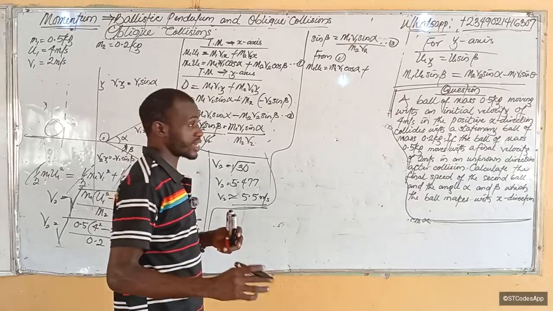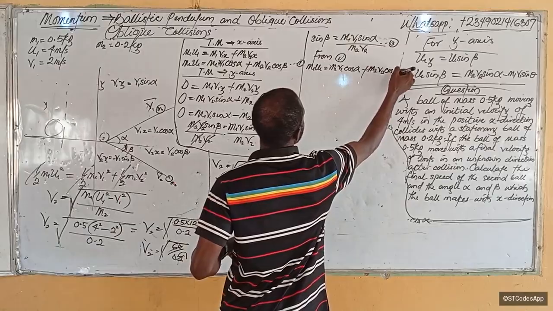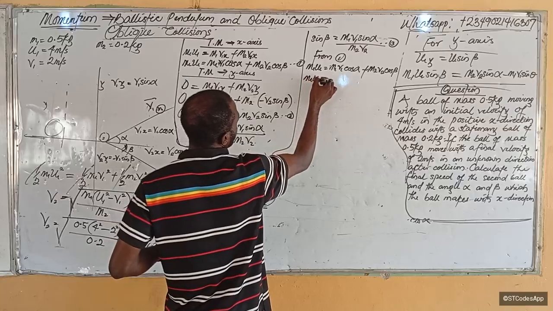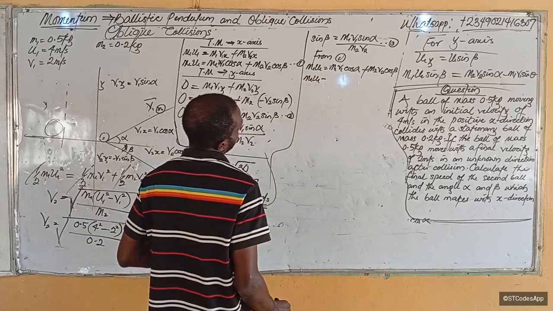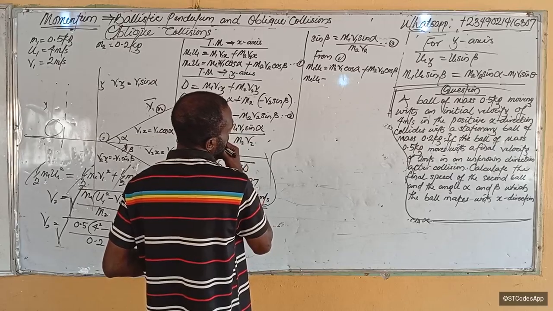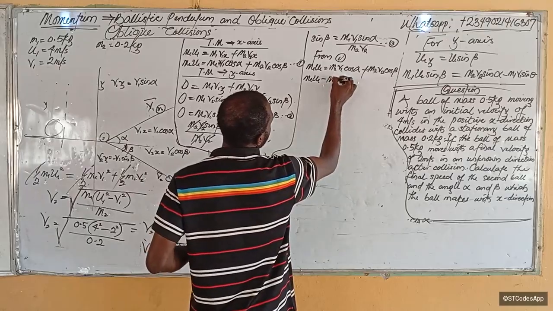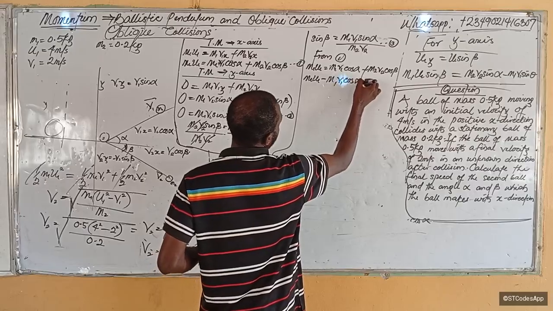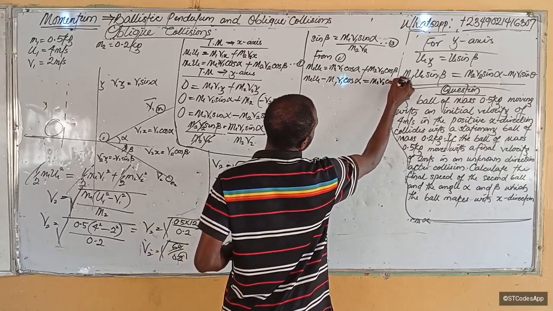Is that clear? So an expression for that guy becomes m1 u1 minus m1 v1 cos alpha will be equal to m2 v2 cos beta.